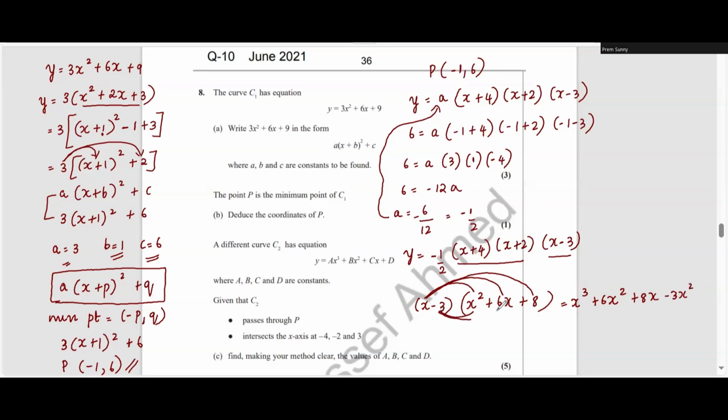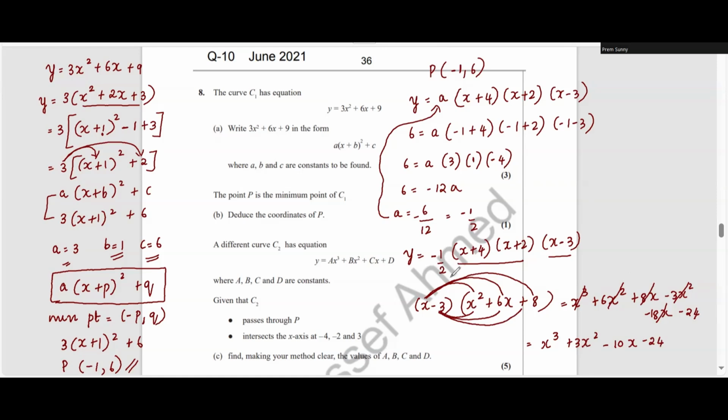Minus 3 into 6x is minus 18x. And then minus 3 into 8 is minus 24. When we do this, we'll get x cube plus 6x square minus 3x square will give me 3x square. 8x minus 18x is minus 10x, minus 24.